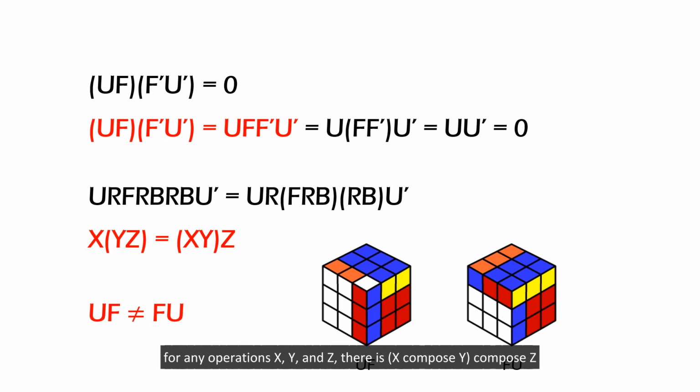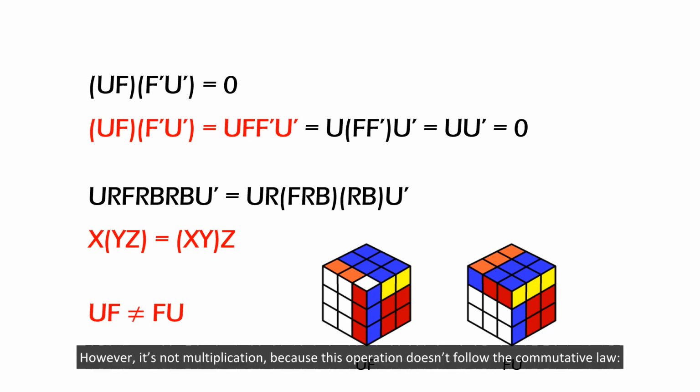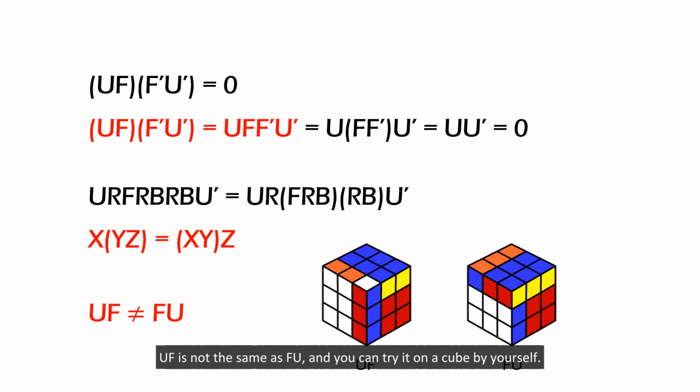That is, for any operations x, y, and z, x composed y composed z equals x composed the result of y composed z. It's very similar to the associative rule in multiplication. However, it's not multiplication, because it doesn't follow the commutative rule. UF is not the same as FU, and you can try it on the cube yourself.